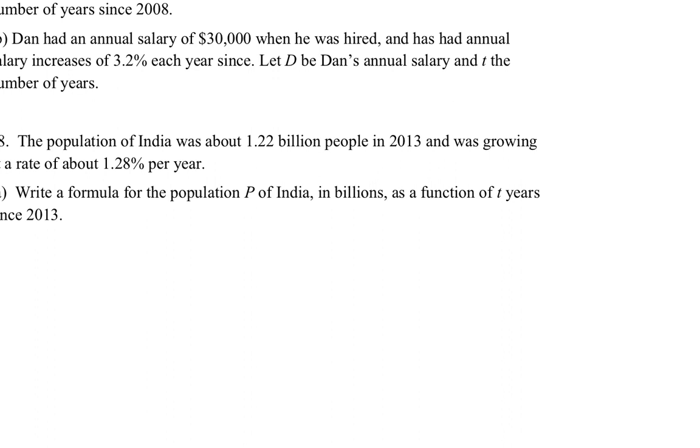So our formula is y equals a times b to the t, where a is our initial amount, and b is equal to 1 plus r, or b is 1 minus r, depending on if it is increasing or decreasing.